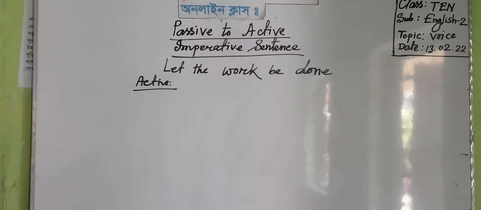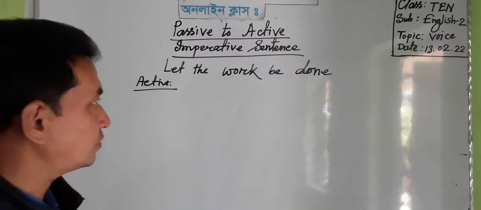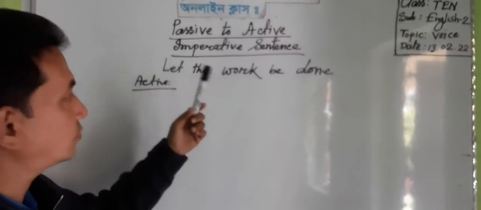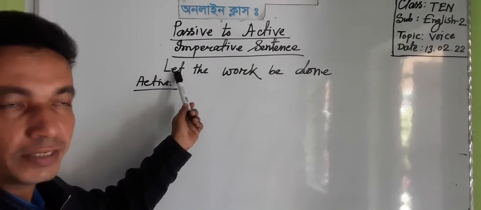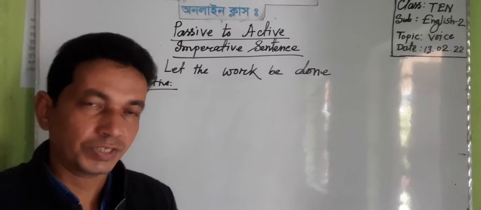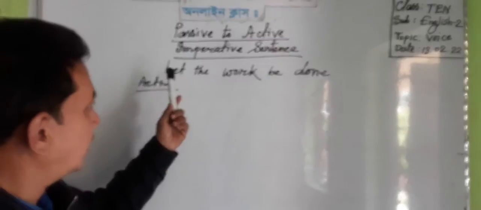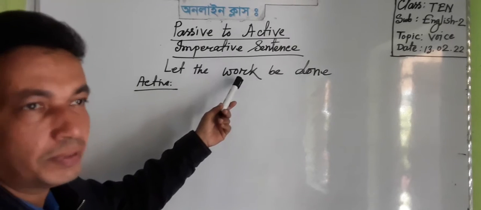Dear students, look at the sentence carefully. I have written let the work be done. This is passive voice because the sentence starts with let. We know that passive voice in an imperative sentence generally starts with let, and then the object will be the subject.